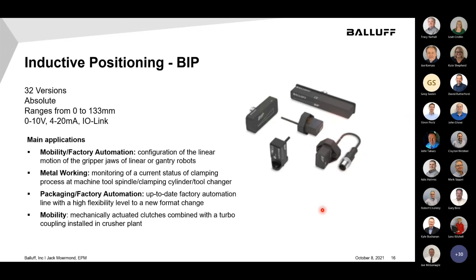Let's say a gripper is picking up an aluminum can and you know that there's a certain force or a certain position on that gripper where you're going to start smashing the can. So you could use these devices to eliminate damaging product. Mobility, packaging, a lot of applications for these, especially in the gripper format.